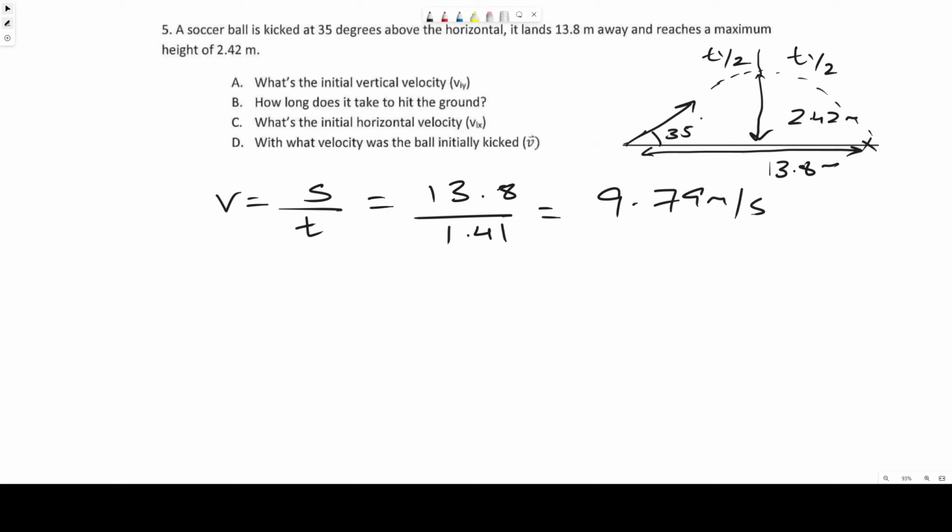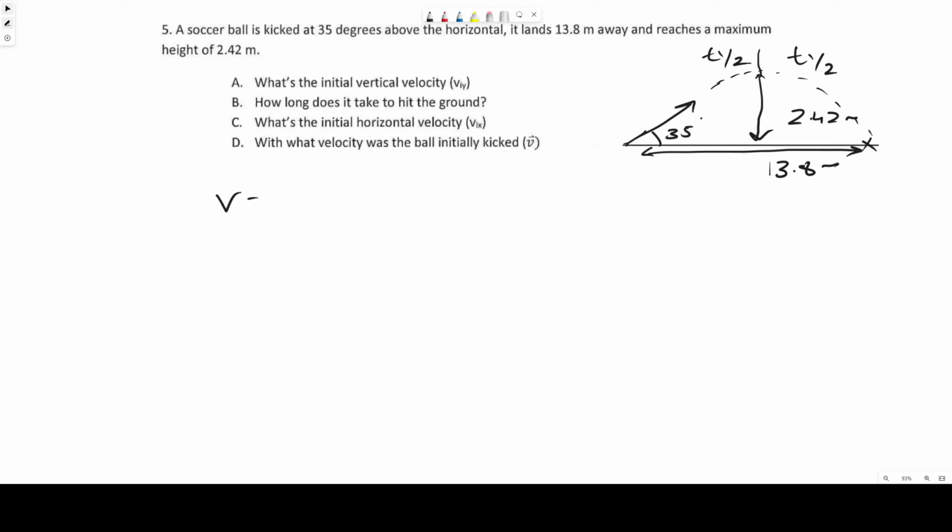Okay, now the last part asks, with what velocity was the ball initially kicked? So initially, we know the ball was kicked at 35 degrees. We just found the initial horizontal velocity, which was 9.79. We found the initial vertical velocity in the first part, which was 6.89.